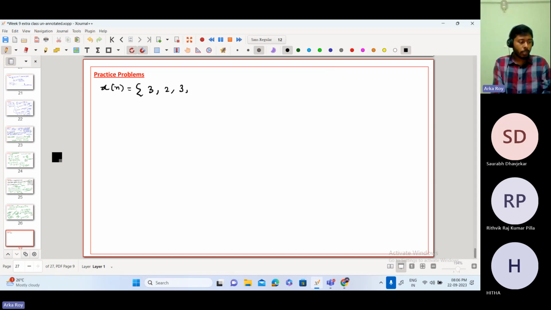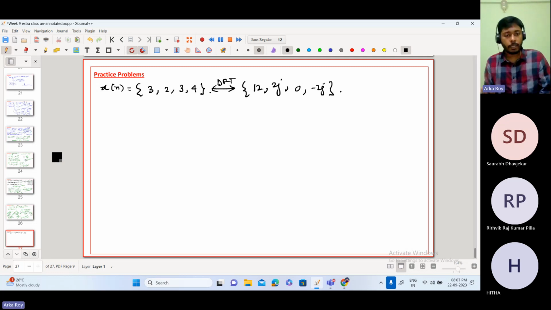So 3, 2, 3, 4. It has DFT 12, 2j, 0, minus 2j. This is the DFT.